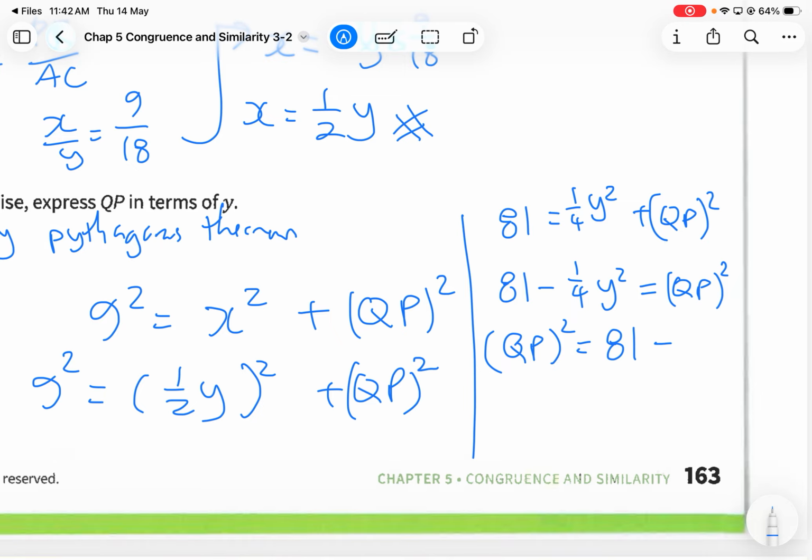Then 81 minus 1/4 y square I write it on the right hand side. Then finally, I want to know what is qp. I take square root on both sides. Answer.